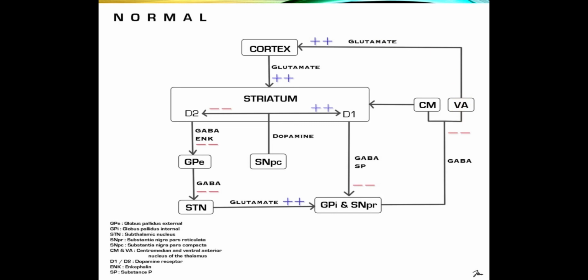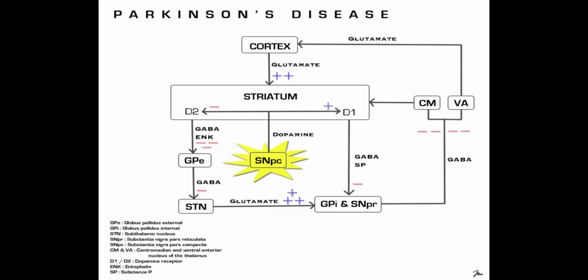So let's give an example of this in Parkinson's disease. We've said that in Parkinson's disease, we have degeneration of the dopamine-producing cells in the substantia nigra. That's the pars compacta. So if we have less dopamine going up to the striatum, remember before there were 2 positive marks here, now there's only 1. So we stimulate D1 receptors less.